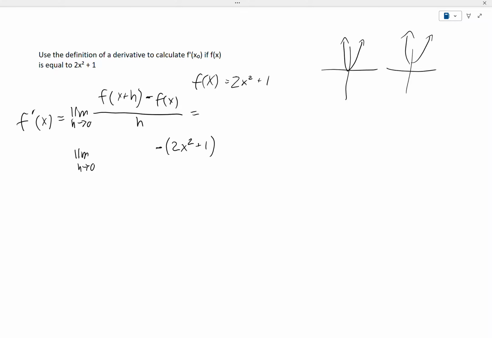So just write out the same f of x here, but I'm plugging in x plus h for every x. So that just becomes 2 times x plus h squared plus 1. And that's all over h.